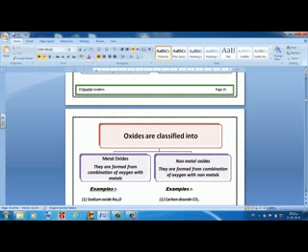Oxides. As we said before, oxides are compounds resulting from combination between oxygen and an element. So here we have 2 types of oxides. Oxides are classified into metal oxides and non-metal oxides. Metal oxides are formed from combination of oxygen with metals.